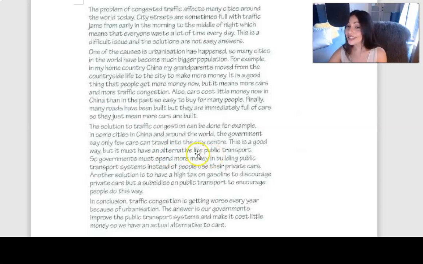Such as instead of like, so like is a bit too colloquial, but such as would be slightly more formal, such as public transport. So governments, there you go. This candidate started the sentence with so. Don't start a sentence with so if you're writing technical English.